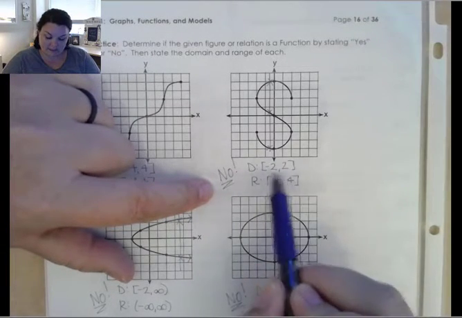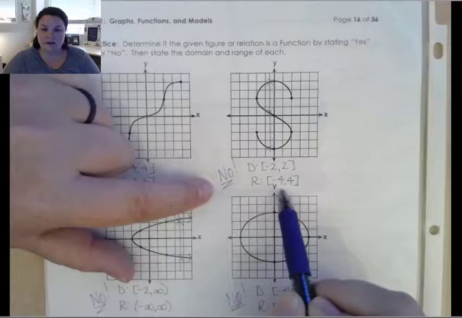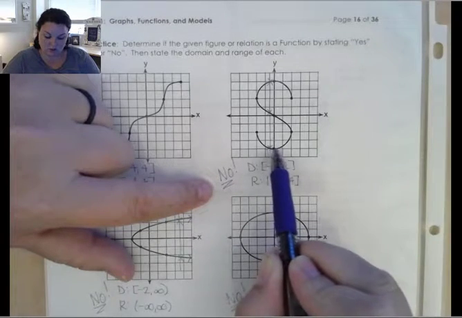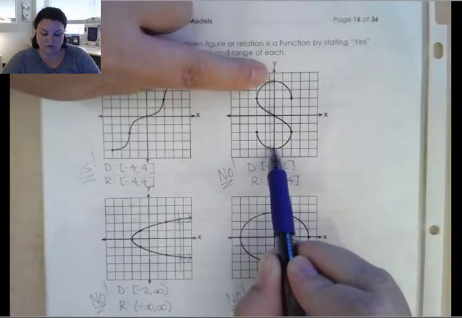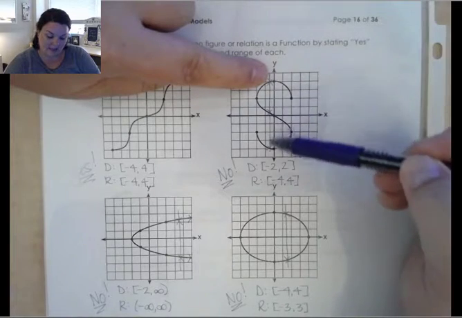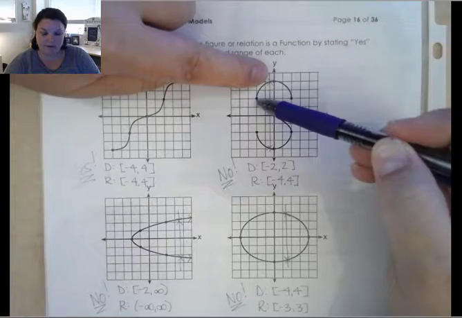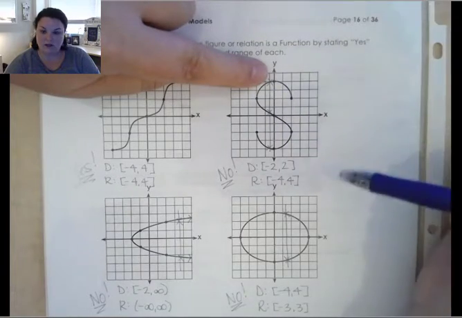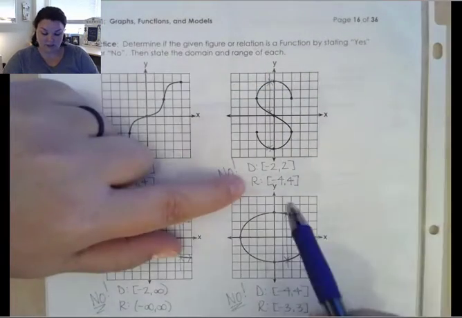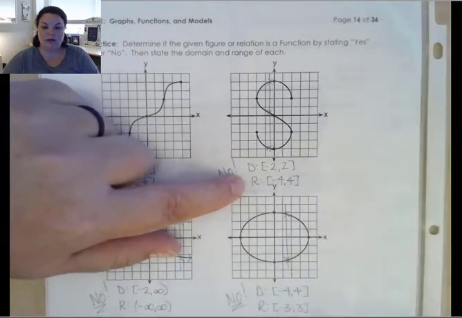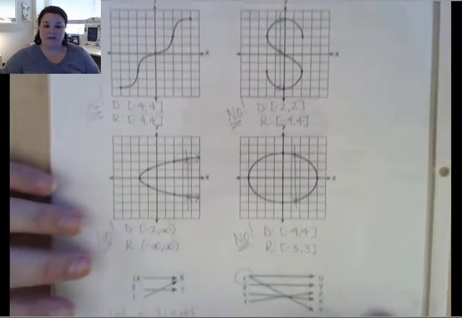So we're going to use brackets to show it goes from -2 to 2, and the range, same thing. Our lowest Y value is -4, goes all the way up to +4, and every Y value in between, I could potentially map it over to a place on this relation. So -4 to 4 with brackets is going to be my range for that one.